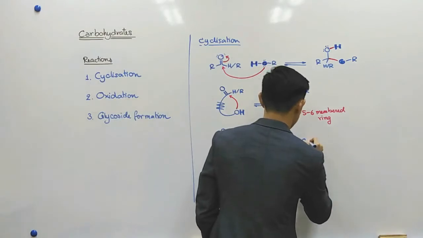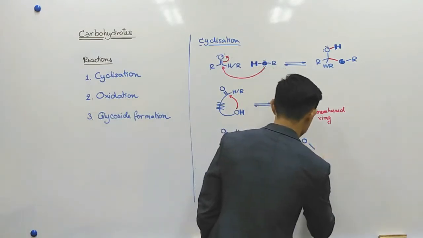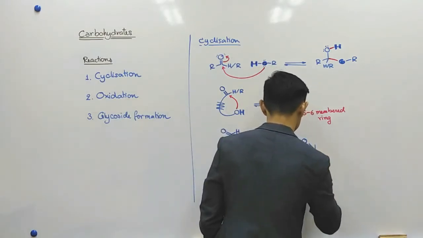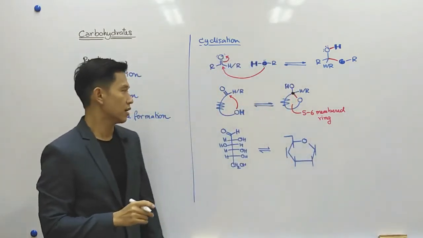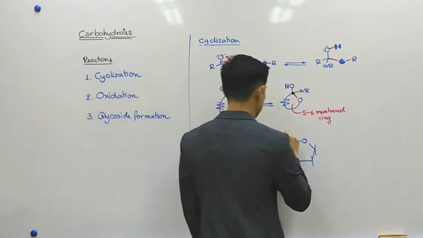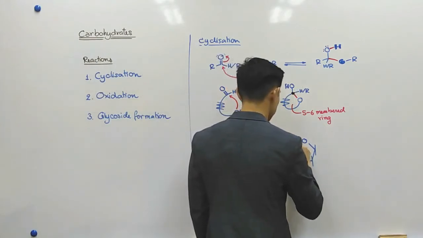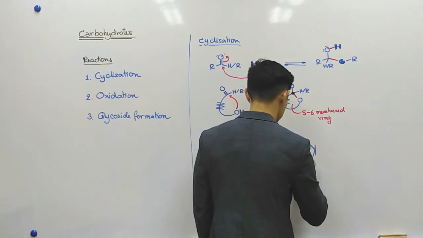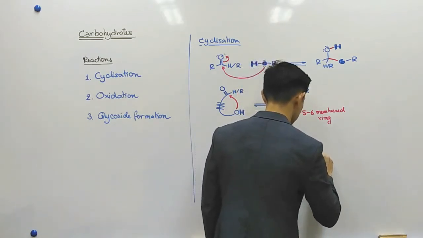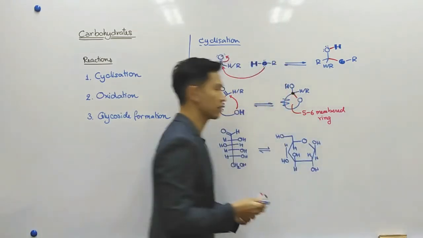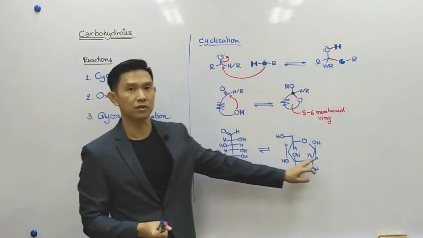The thing that you may be familiar with from high school is like this. At the very end, the structure of the glucose in hexagon form is like this. So this is also the glucose.